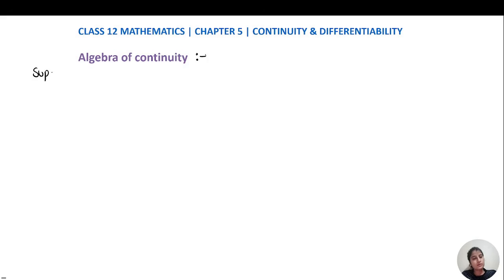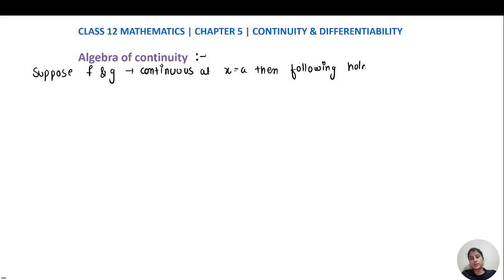Suppose f and g are two functions and they are continuous at x equals a, then the following holds. First, f plus g and f minus g are continuous at x equals a.